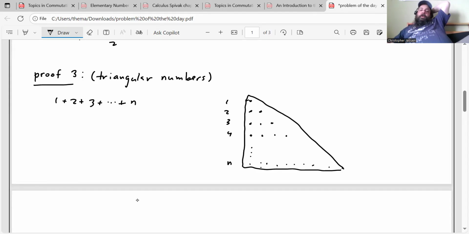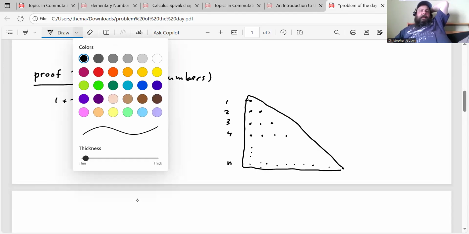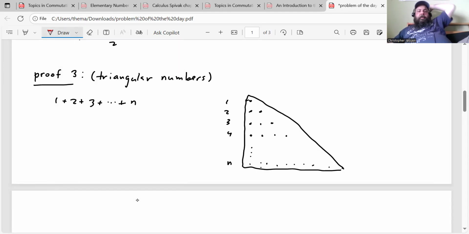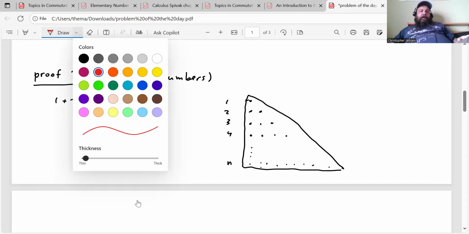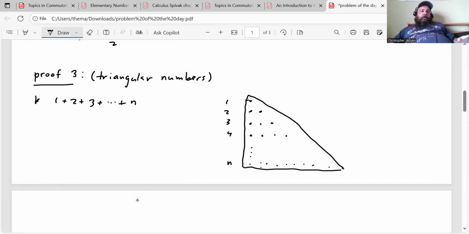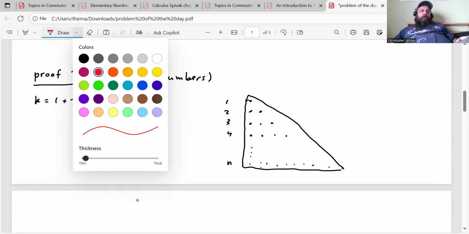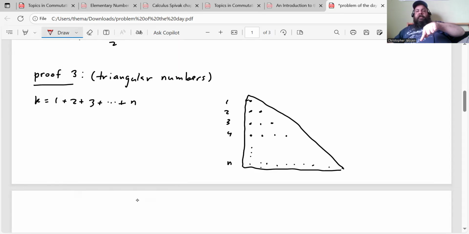Okay, so then what we can do is take another copy of that sum. Let's call this K. Take another copy of that array of dots and just write it up above here.